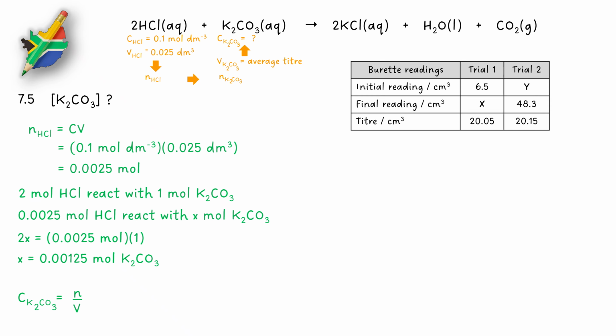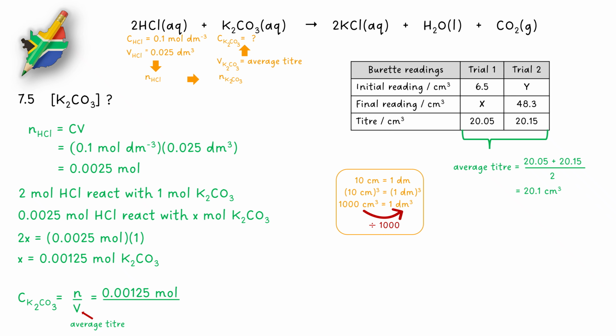All that is left to do is to use the moles of potassium carbonate and divide by the volume of the potassium carbonate solution to get its concentration. We know the mole value, we just calculated it. And the volume value is the average titer. Since there are 2 titer values, we can add them and divide by 2 to get the average titer, which is 20.1 centimeters cubed.